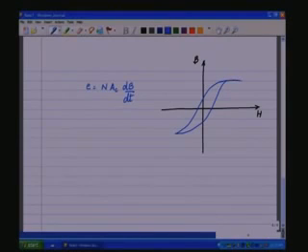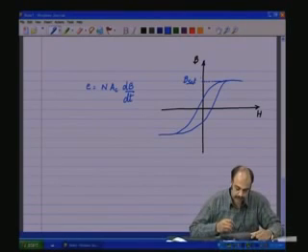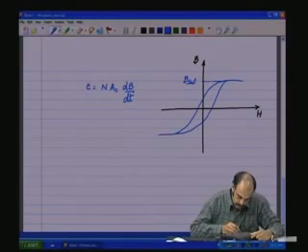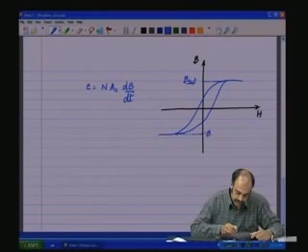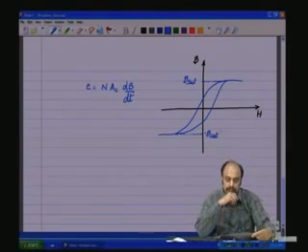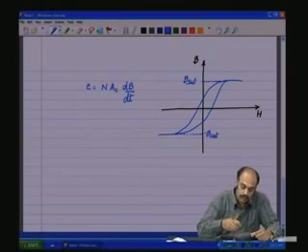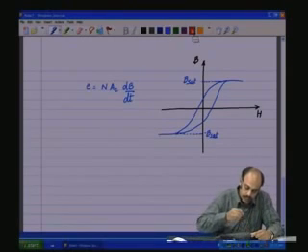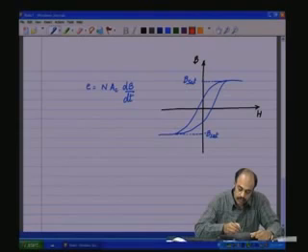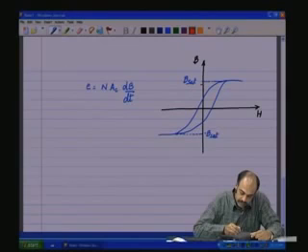Now, you should see that beyond this particular value of flux, which we call B sat, the core saturates. Beyond this value of flux density minus B sat, the core saturates. So, you have to operate at a slightly safer value.